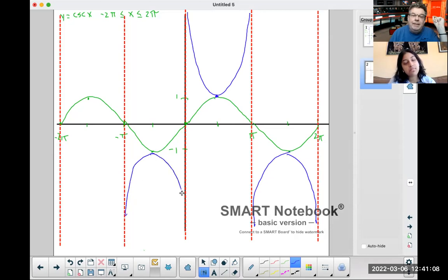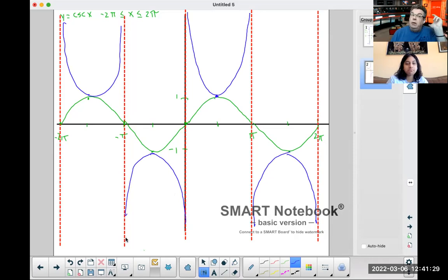And why is it hugging the asymptotes? Because it's getting closer and closer, because it's smaller and smaller, going to negative infinity, positive infinity, and all that wonderful stuff. Boom. Done. That's it.